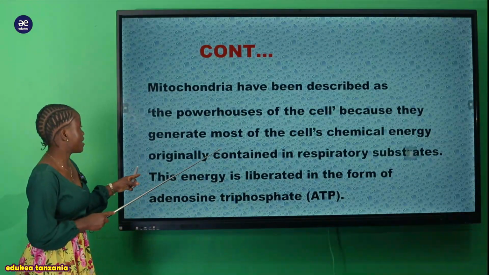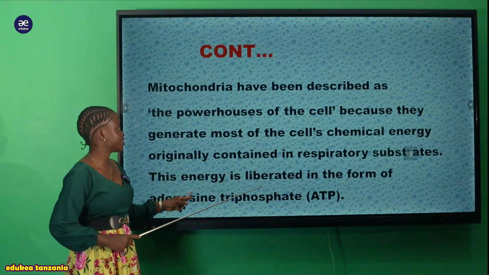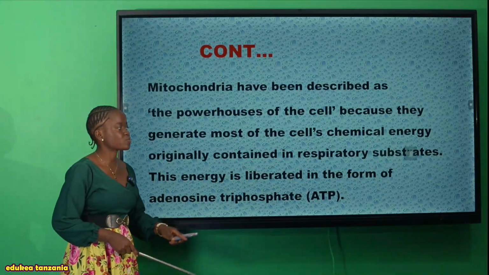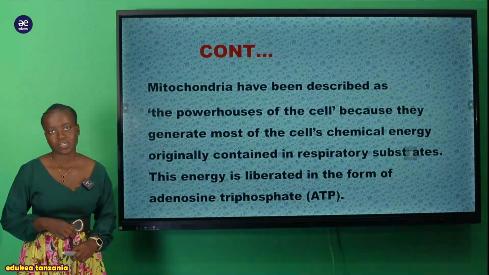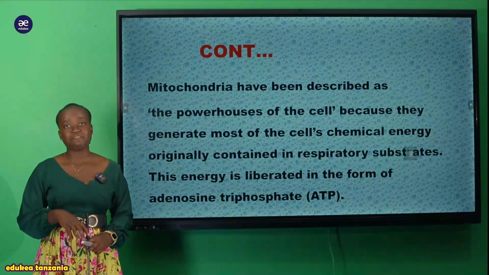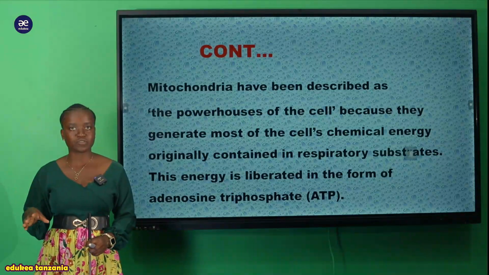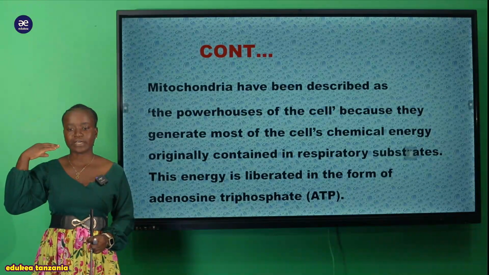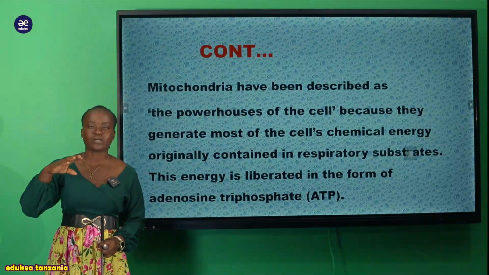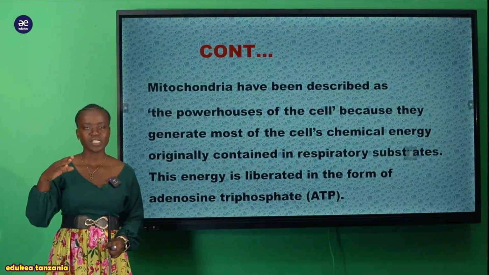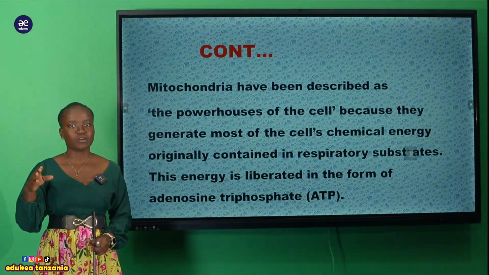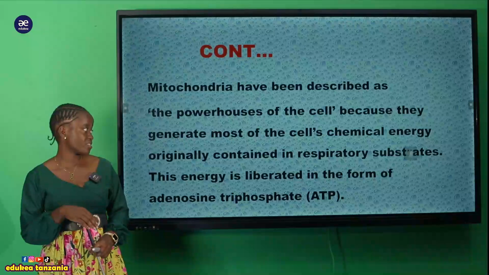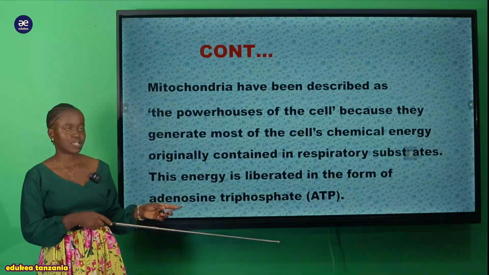So you can see most of the cell's chemical energy is originally contained in the respiratory substrate. We will see a lot of respiratory substrate while we are discussing the topic of transportation of material and so on. We are going to see what this respiratory substrate is.